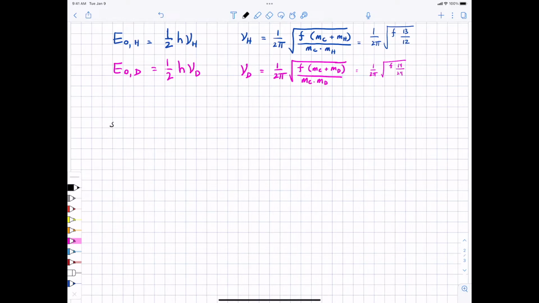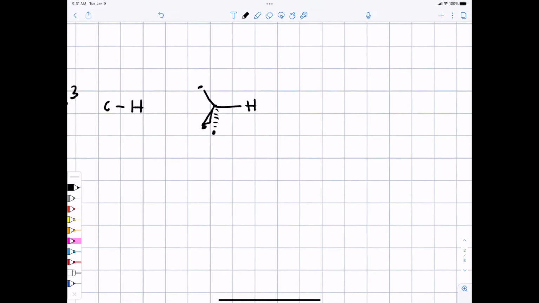Here is an sp3 hybridized carbon, and I'm going to show just one particular vibration. We're not going to say what this sp3 hybridized carbon is attached to. That's why I've got little dots here. Here is the carbon-hydrogen bond, and relative to the rest of the molecule, there's one vibrational mode that involves fishtail swinging of this hydrogen into the page and out of the page, which I'm going to try to represent.